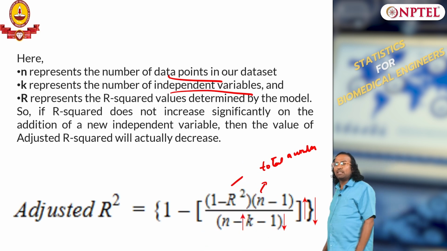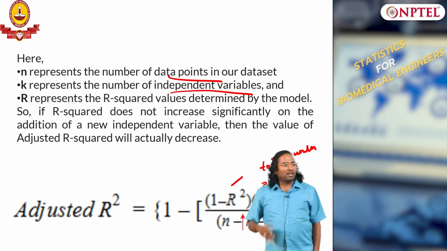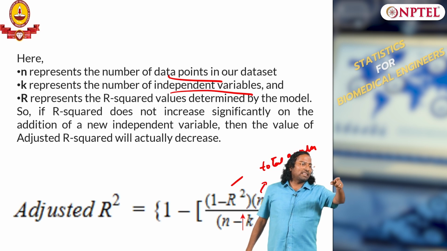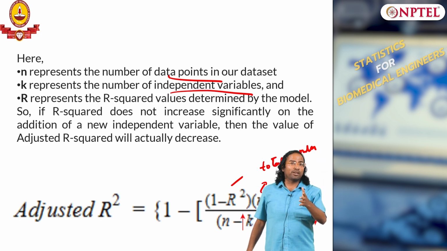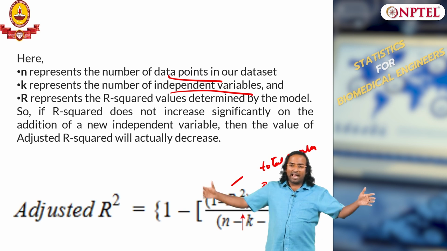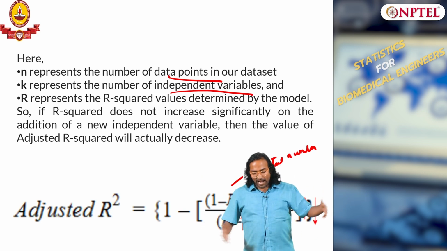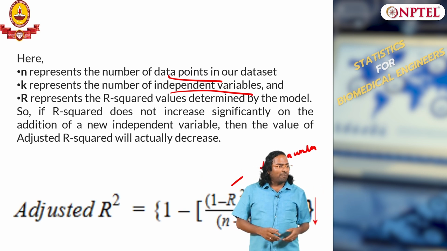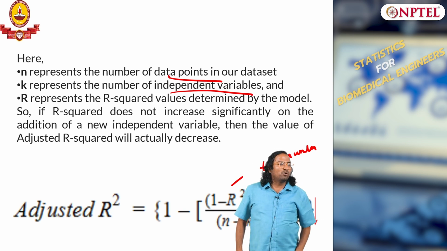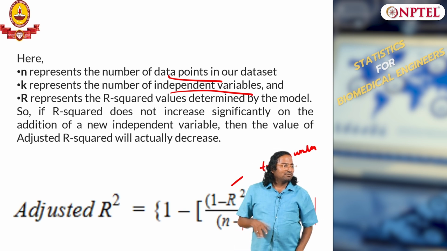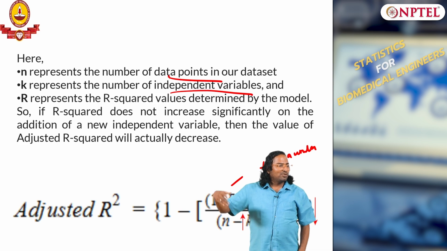I want to know whether this coefficient is significant or not. That is also another way of knowing whether this is a useful variable for explaining or not. Suppose I have 100 parameters and I know the coefficient values. If some of the coefficient values include a 0 in their confidence intervals, what does it mean? Those are useless.